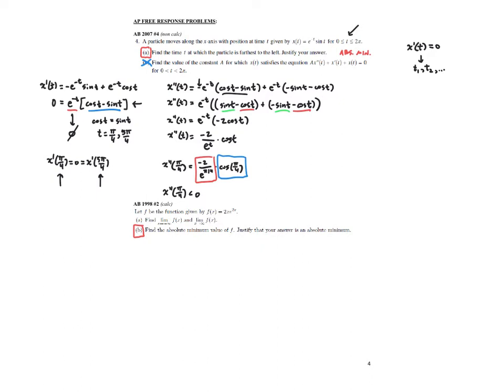Therefore, if x prime at pi over 4 is equal to 0, and the second derivative of the position function at pi over 4 is less than 0, then x of t has a relative maximum at t equals pi over 4.